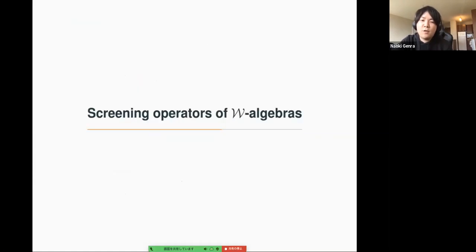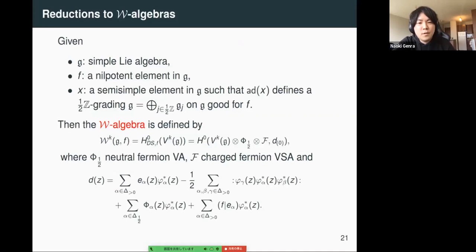So now we go to the screening operator of W-algebras. Our idea is first we compute the screening operator of the affine vertex algebra, then take Drinfeld-Sokolov reduction and get the screening operator of the W-algebra. This is my idea. So the W-algebra is defined by these three data. One is g, a simple Lie algebra.